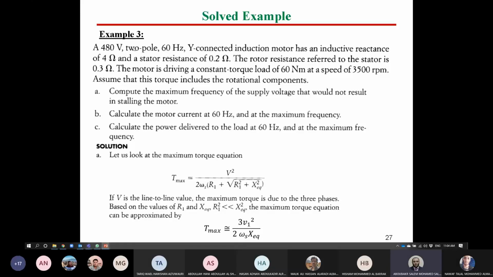It's a 480 volt, 2-pole, 60 Hertz star induction motor, has inductive reactance 4 ohms, stator resistance 0.2 ohms, and 0.3 ohms rotor resistance. The load torque is 60 Newton meter, which is constant load torque, and the speed at full load is 3500 RPM. So this is the nameplate data, or all of the data given for this motor.